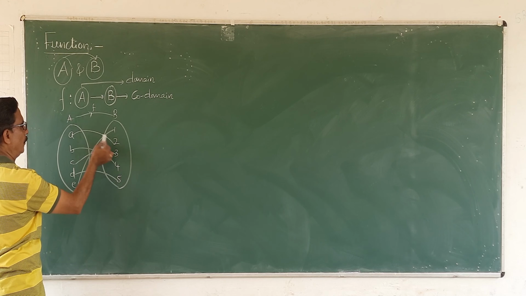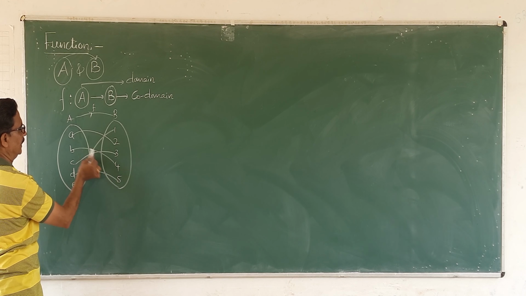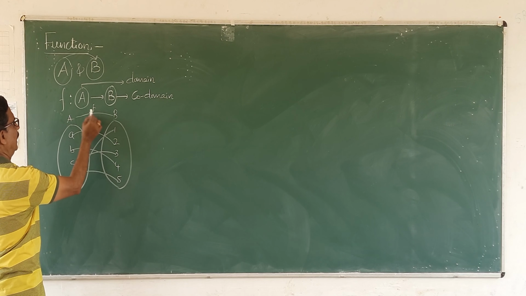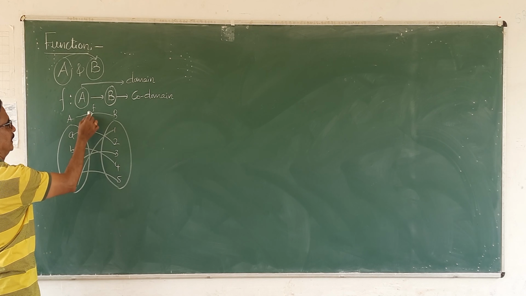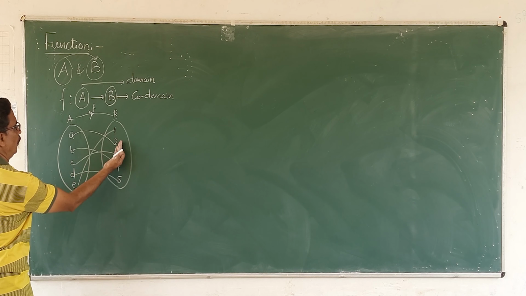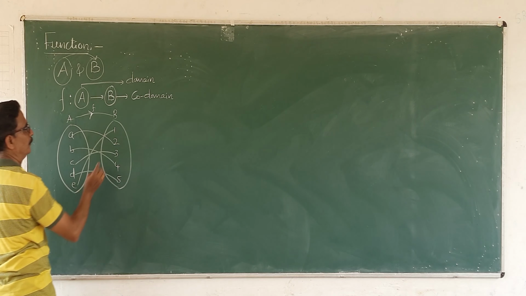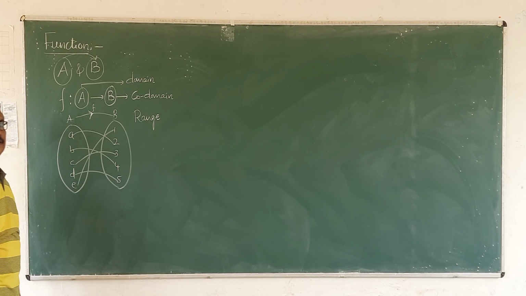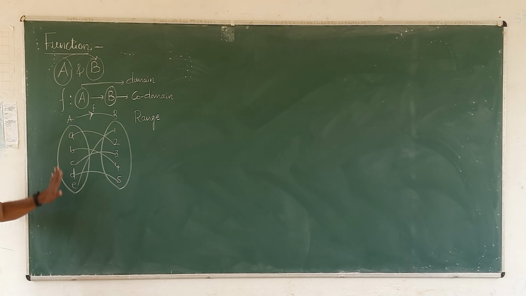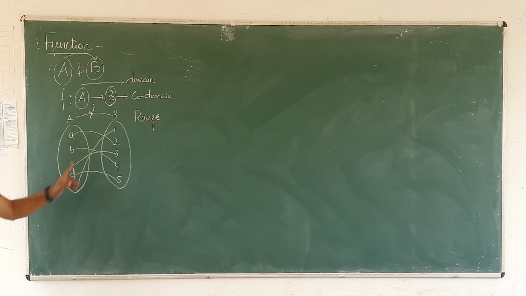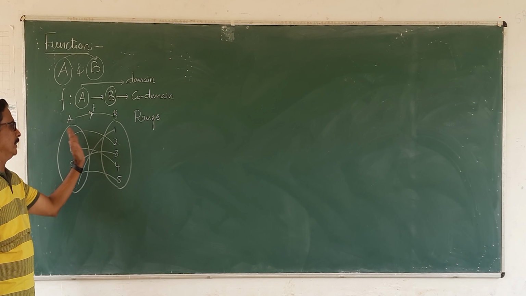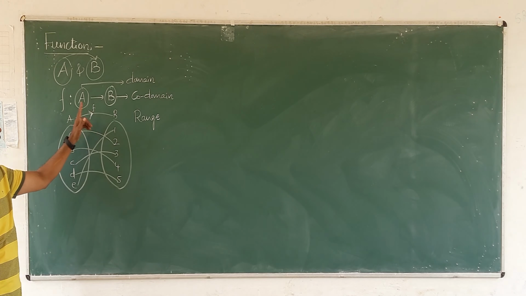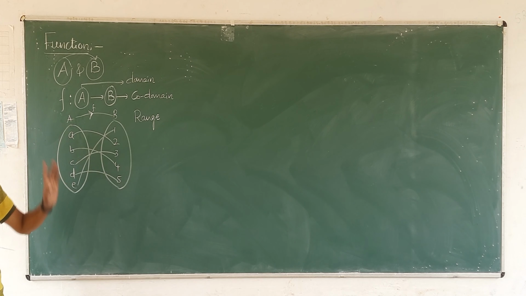And the set of all images under the map F, under the function F, is known as the range of the function. Remember, the first set A is the domain, the second set B is the codomain, and the set of all images under the function F is the range.